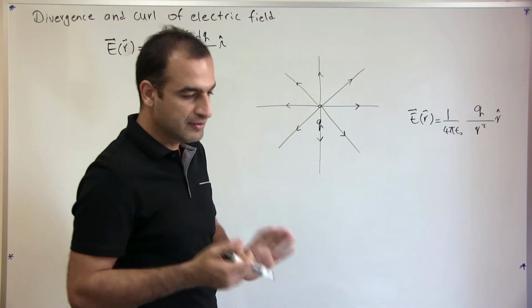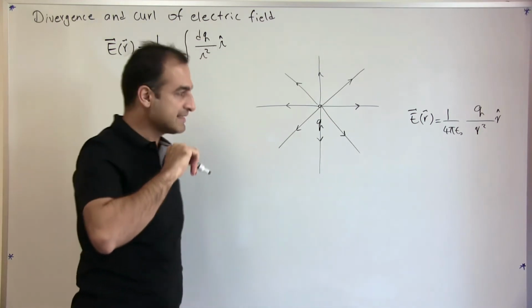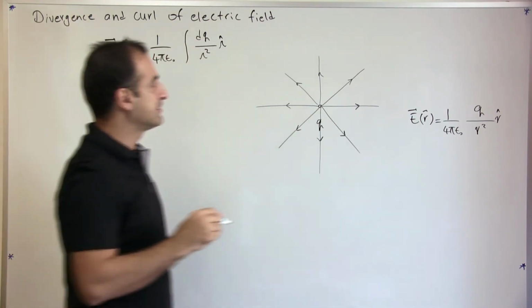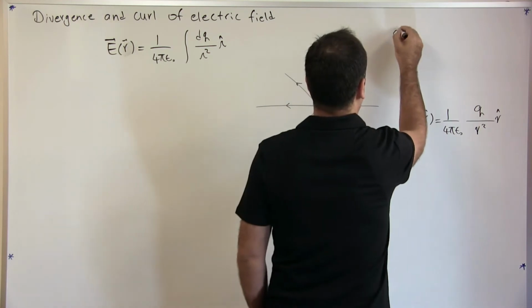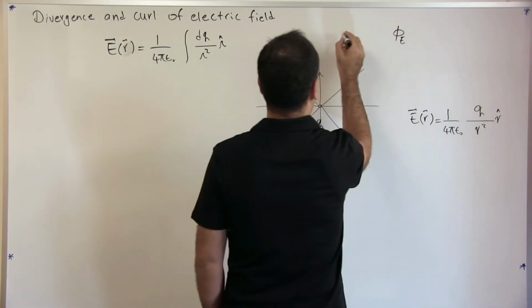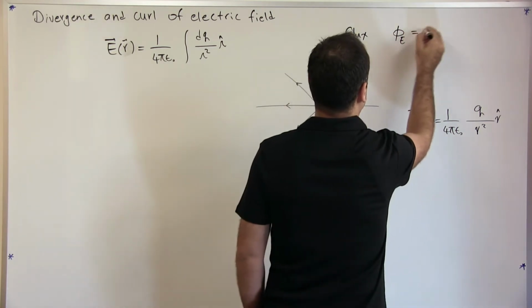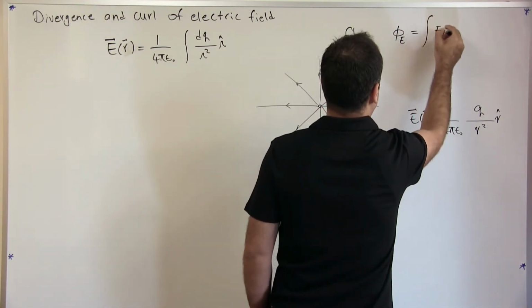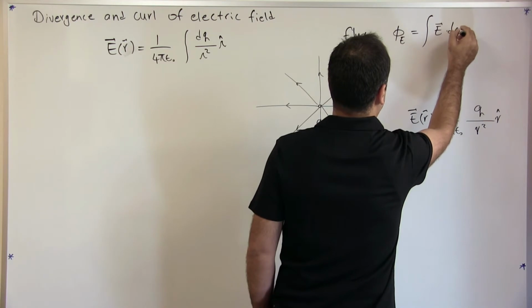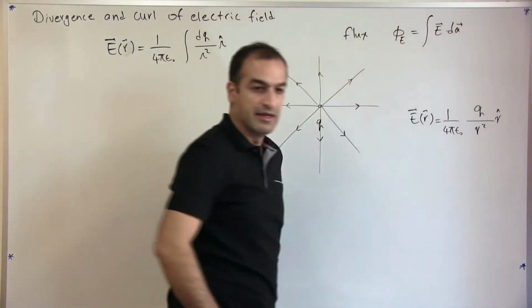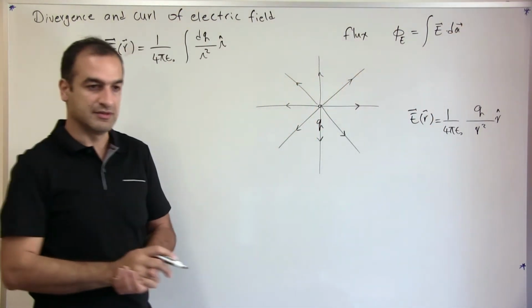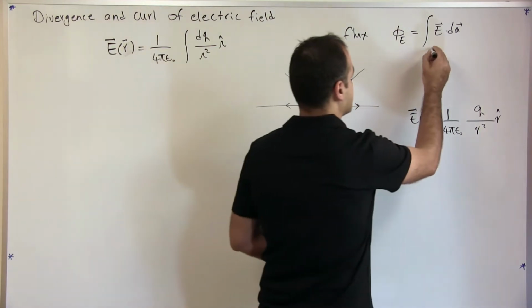Now I want to look at one integral here, and that's the integral of the electric flux, phi E, which is the flux of the electric field. Technically that's the integral of E dot dA, depending on what surface we choose. So this is an integral that goes on a surface.